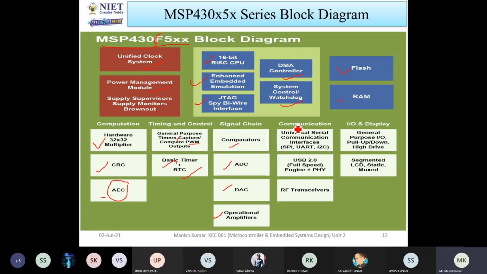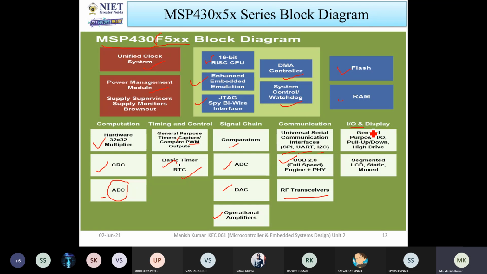For communications, we are using the universal serial communication interface like SPI, UART, I2C. Both asynchronous and synchronous communication are supported by this MSP 430 F5XX. It also has a USB 2.0 port and RF transceivers for data transmission.